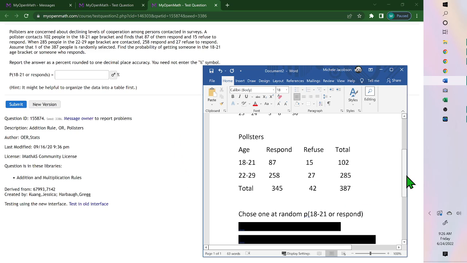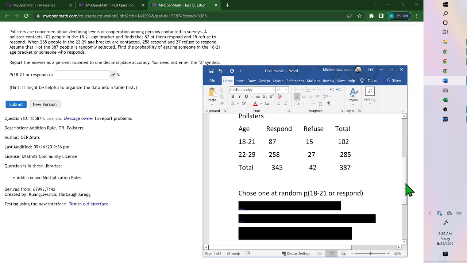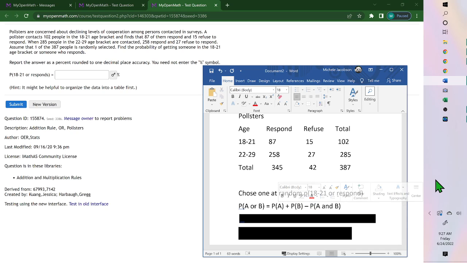We want to find the probability. Choose 1 at random, probability 18 to 21, or respond. Now, when we're doing an OR, there's a formula. For the probability of A or B, you take the probability of the first one plus the probability of the second one, but then you have to subtract the probability of the two together.